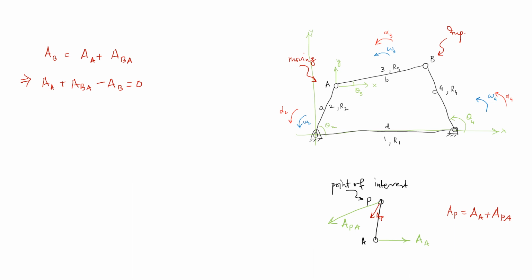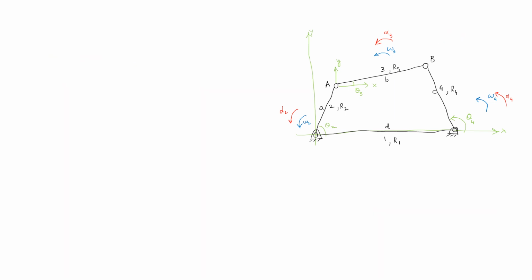So let me label this equation as equation A, and I'm going to use this equation subsequently. Now we will start from vector loop equations. Using the vector loop equation, we can see that R2 plus R3 minus R4 minus R1 is equal to 0.